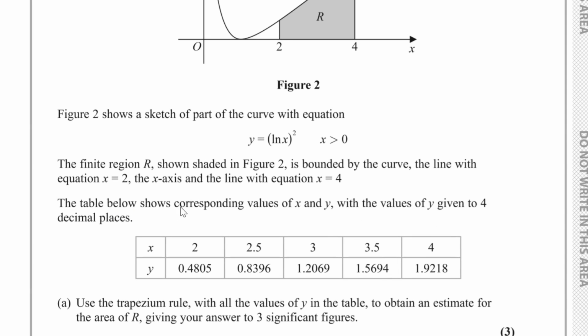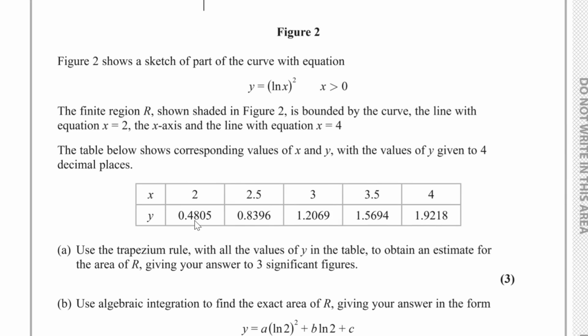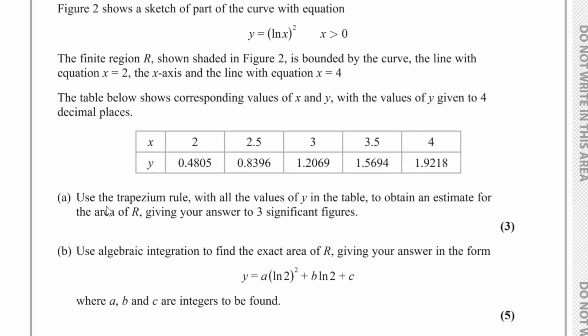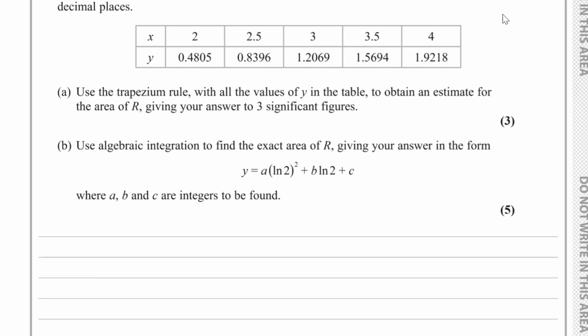The table below shows corresponding values of x and y, with the values of y given to 4 decimal places. For part A, we have to use the trapezium rule with all of the values of y in the table to obtain an estimate for the area of R, giving an answer to 3 significant figures.